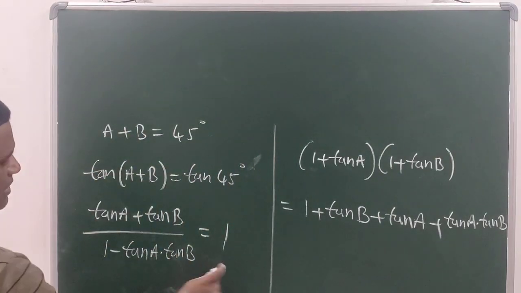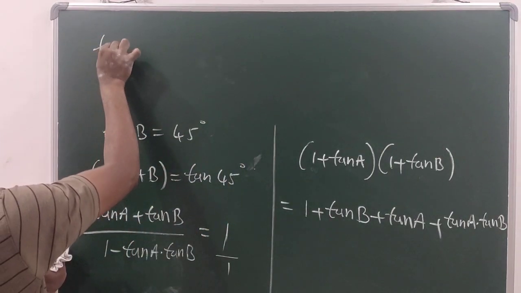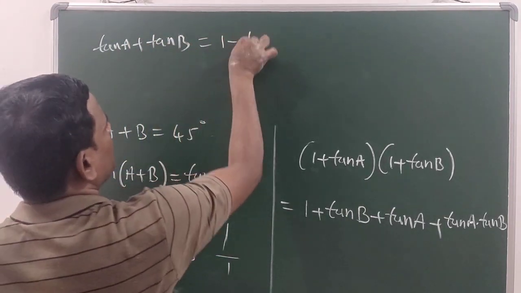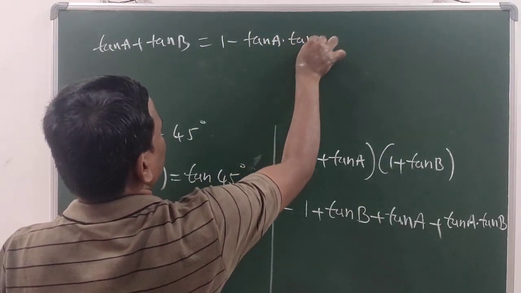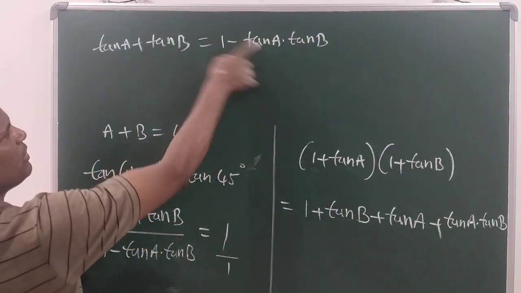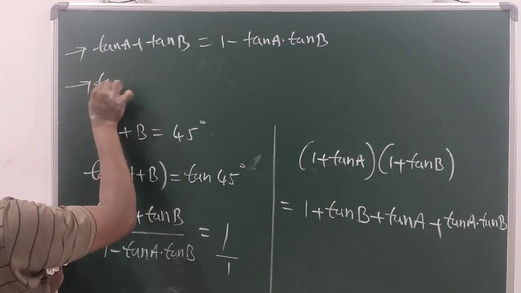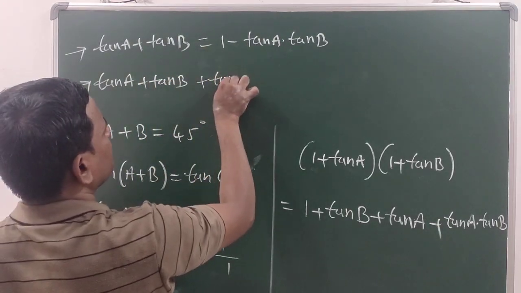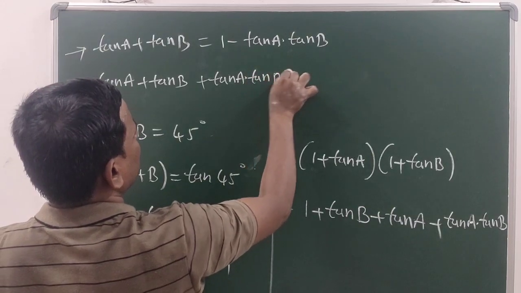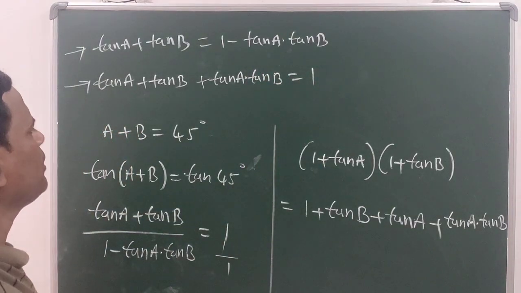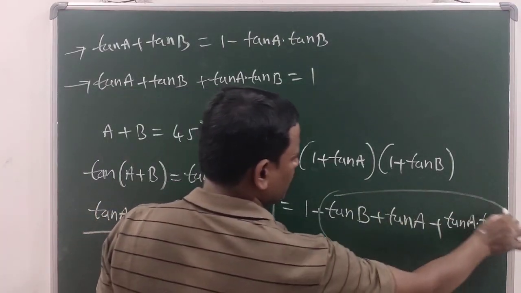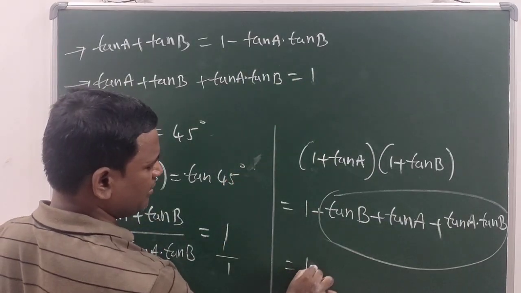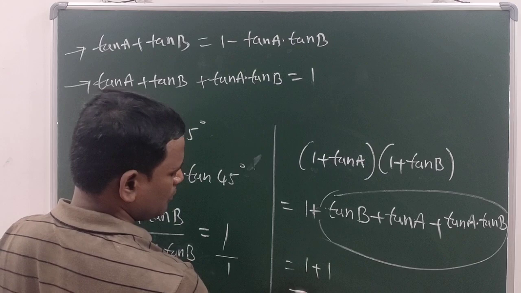You will get tan A plus tan B equal to 1 minus tan A into tan B. Bring it to the left side: tan A plus tan B plus tan A into tan B is equal to 1. So now, in place of this, write this 1. If you write 1 there, 1 plus 1 is equal to 2 you will get.